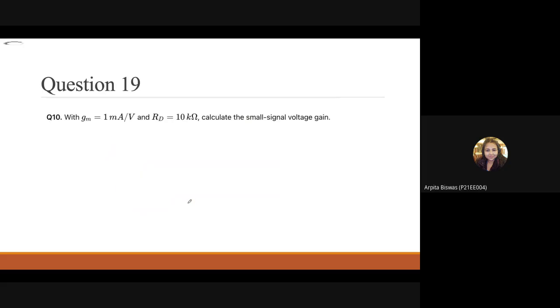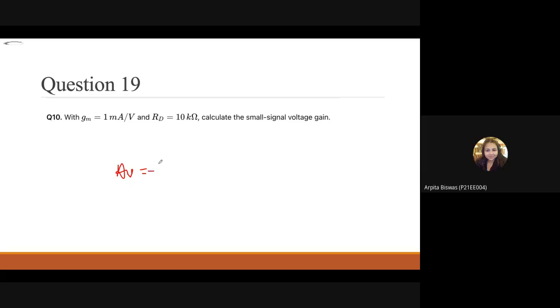So this is the question number 19. GM is given, RD is given. So calculate the small signal voltage gain, AV. Tell me how to find out this value, AV. Minus GM into RD.